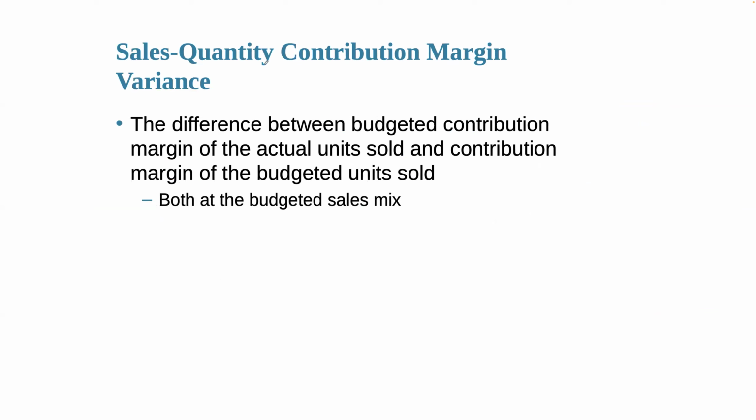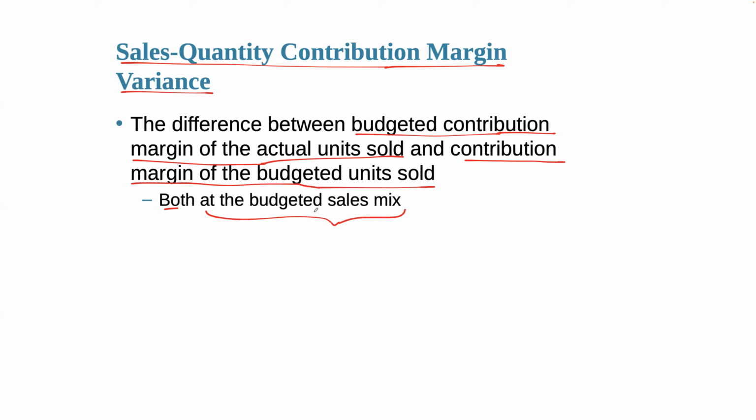Sales quantity contribution variance is the difference between the budgeted contribution margin of the actual units sold and the contribution margin of the budgeted units sold, right? Both at the budgeted sales mix.